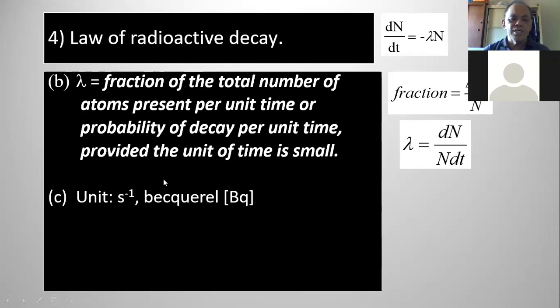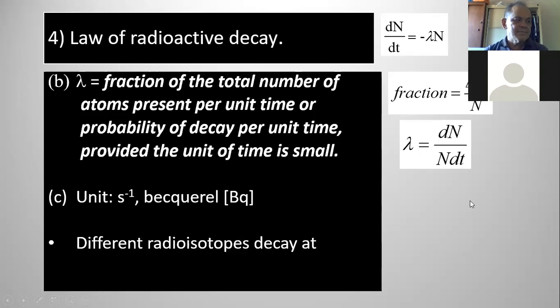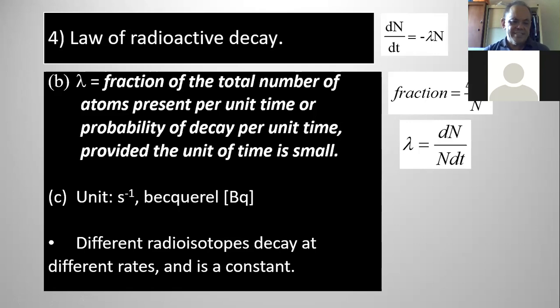Or we use the Becquerel, to honor the scientist who first discovered radioactivity. Remember that different elements or different radioisotopes decay at different rates. And this lambda is a constant, and we can use this lambda to identify the particular radioactive isotope.